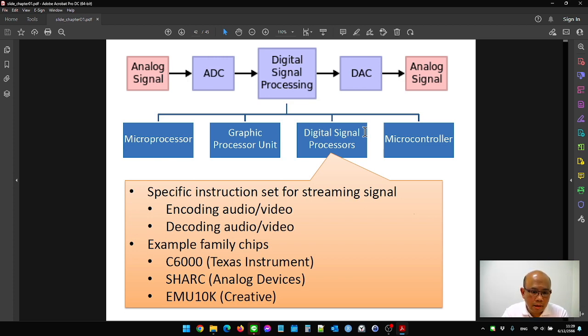Digital signal chips I searched for on the internet: the famous one from Texas Instruments is the C6000, from Analog Devices there is the SHARC, and for the Creative Sound Blaster sound card it is the EMU10K. This is about the chip names related to the DSP chip.